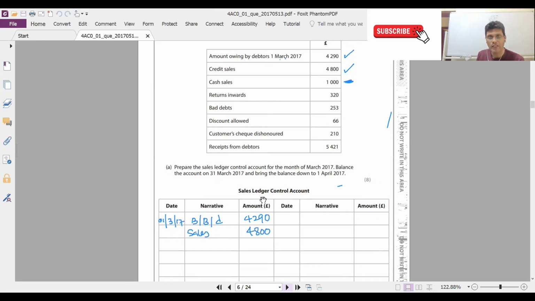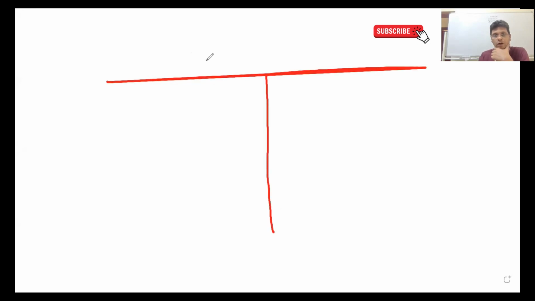My pen is not working. What you can do is record it on the credit side, 320. Now you have the sales ledger control account. Opening balance, how much? 4,290, right?